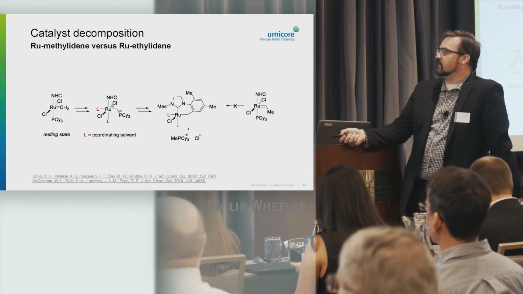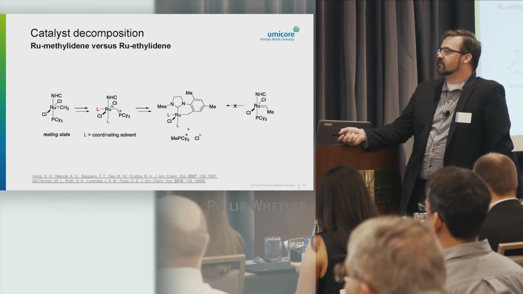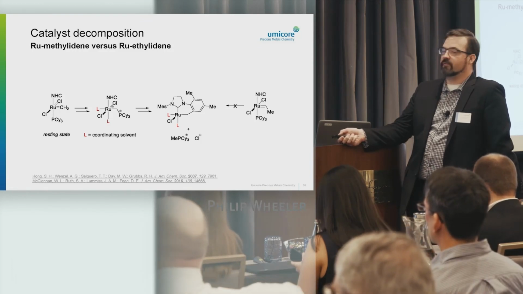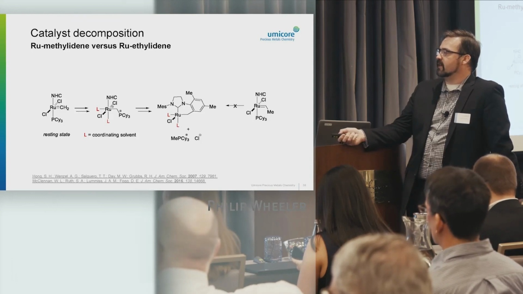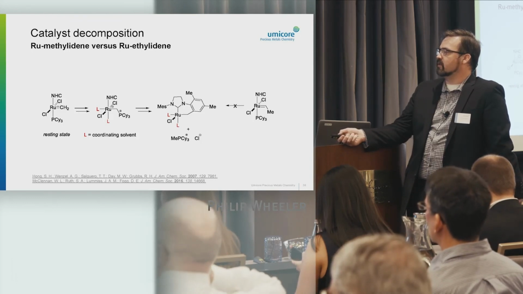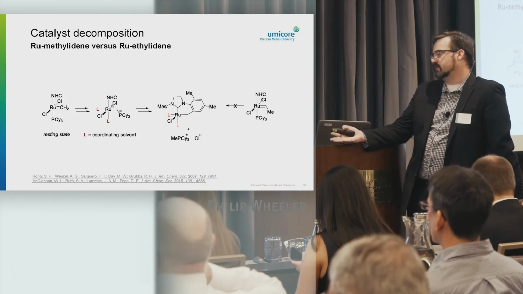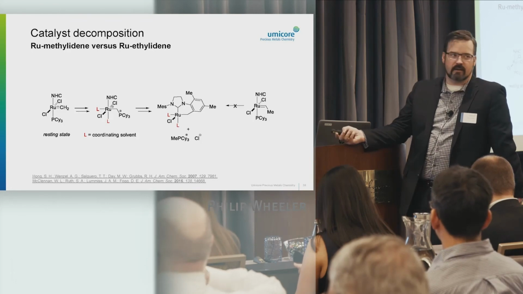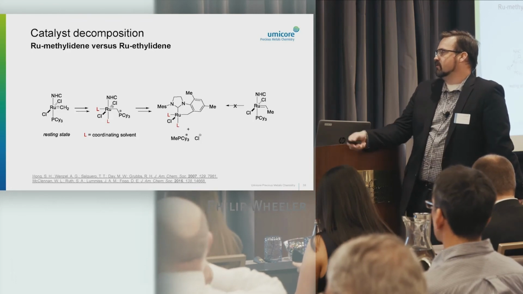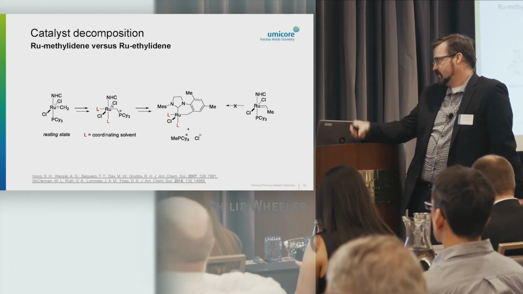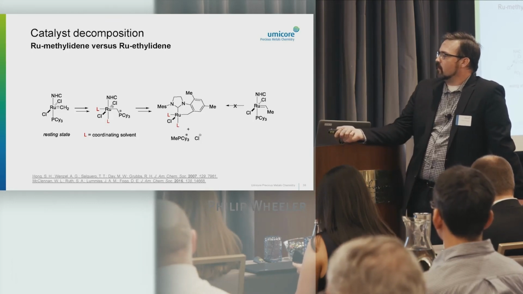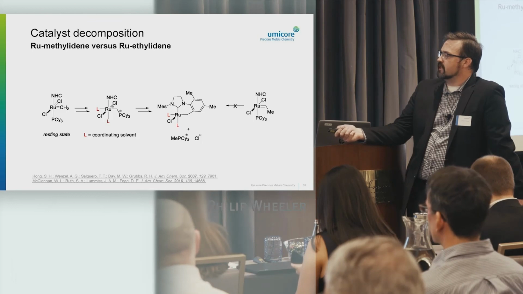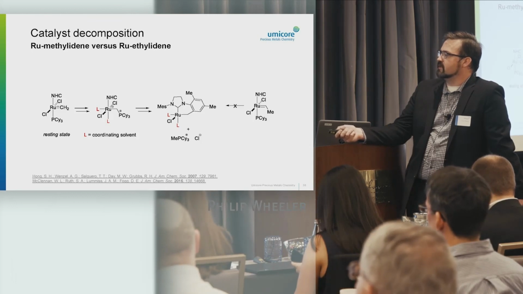So the resting state, if the phosphine does come back on, so this is the propagating catalyst, except where phosphine has also come back on, so this is a resting state for the catalyst. If the cyclohexylphosphine is displaced by a coordinating solvent, that cyclohexylphosphine can then come back and attack. Again, depending on whether you're an organic chemist or an inorganic chemist, you could think of this as a nucleophilic attack, or you could think of it as some sort of migratory insertion, but regardless, this results in decomposition ultimately onto the NHC ligand.